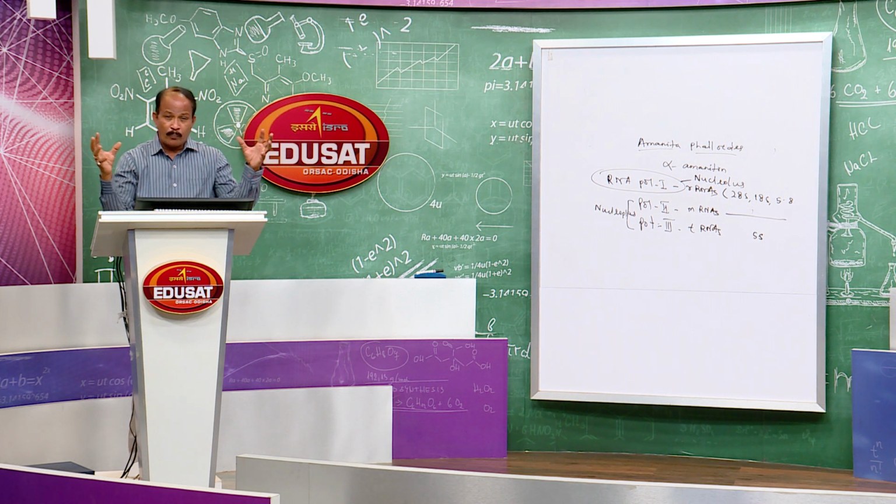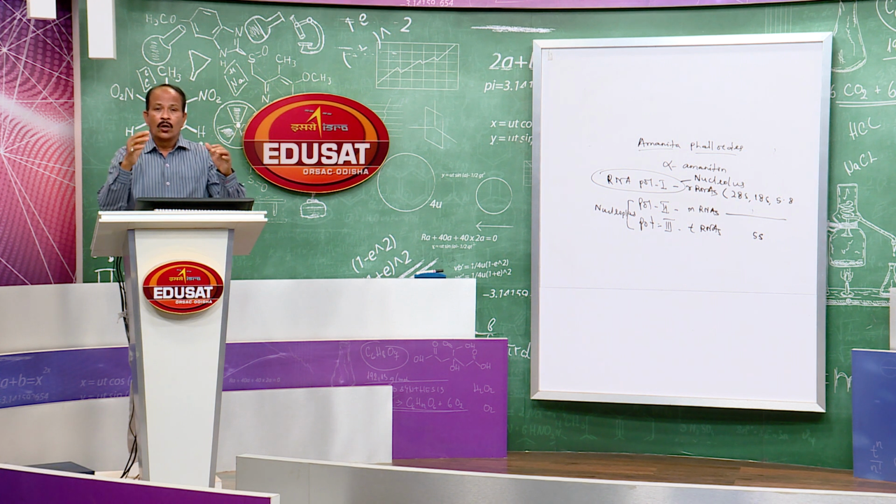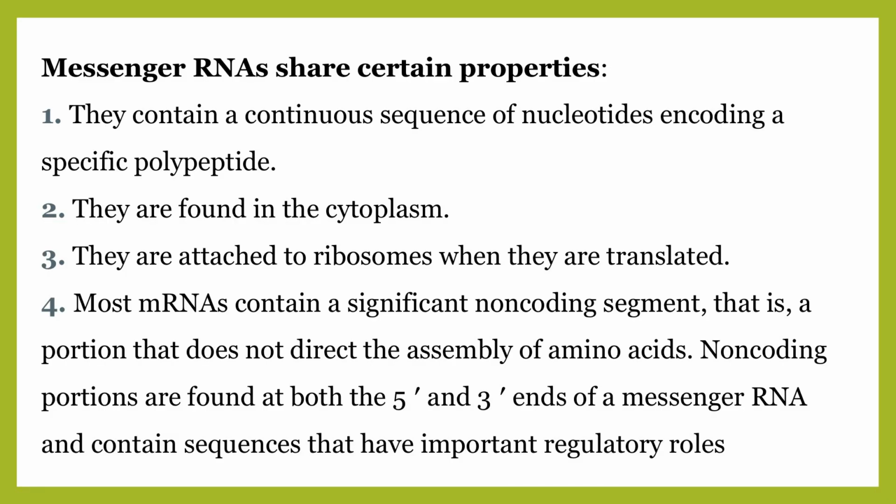So, this is a complex interaction of 3 different kinds of RNAs to bring about protein synthesis. Besides the coding sequence, the untranslated regions at the 5' and 3' ends have a regulatory role and also contribute to the stability of messenger RNA.